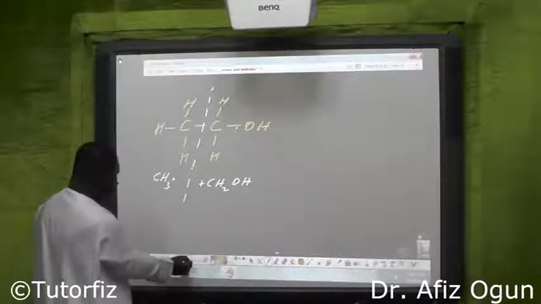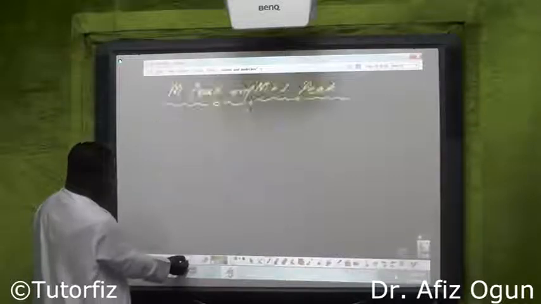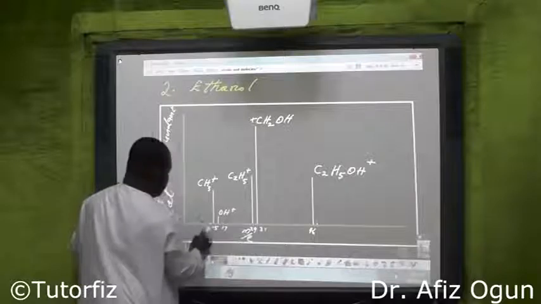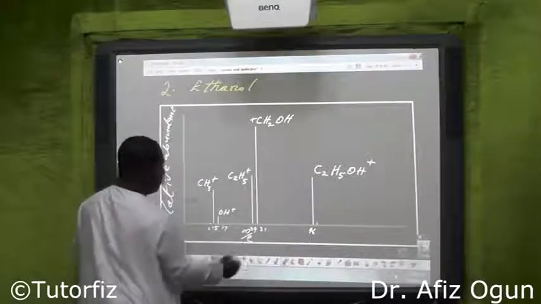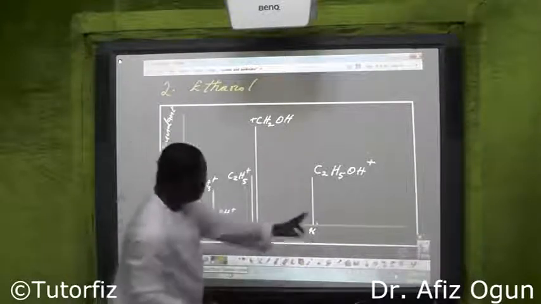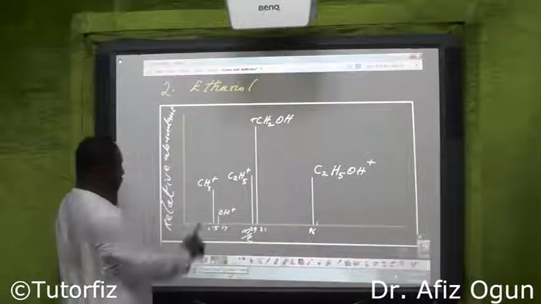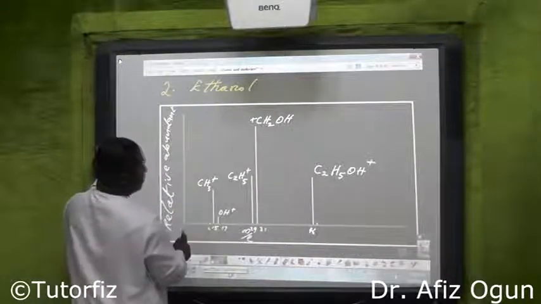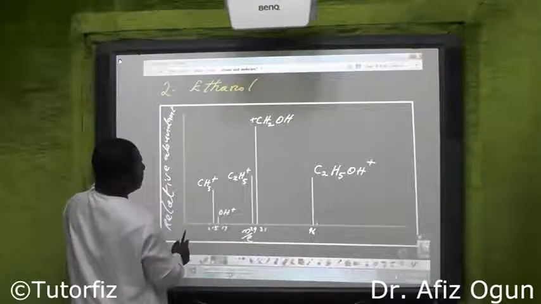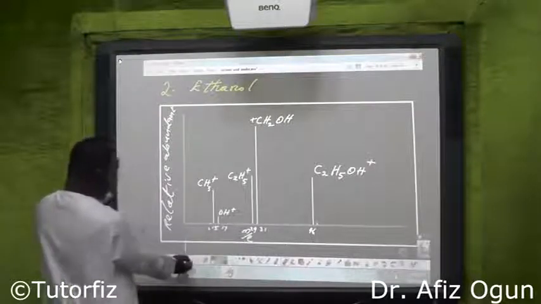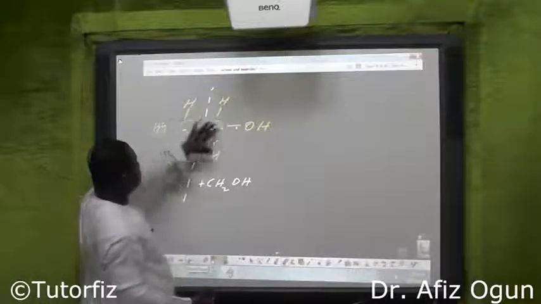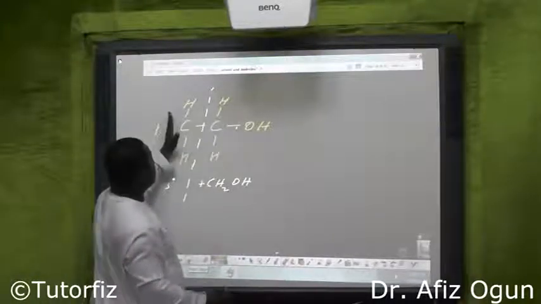So these are the peaks you have there. You have CH3 peak, OH peak, C2H5 peak. Let's look at it again. CH3 peak, we got that. C2H5 peak, we got that.